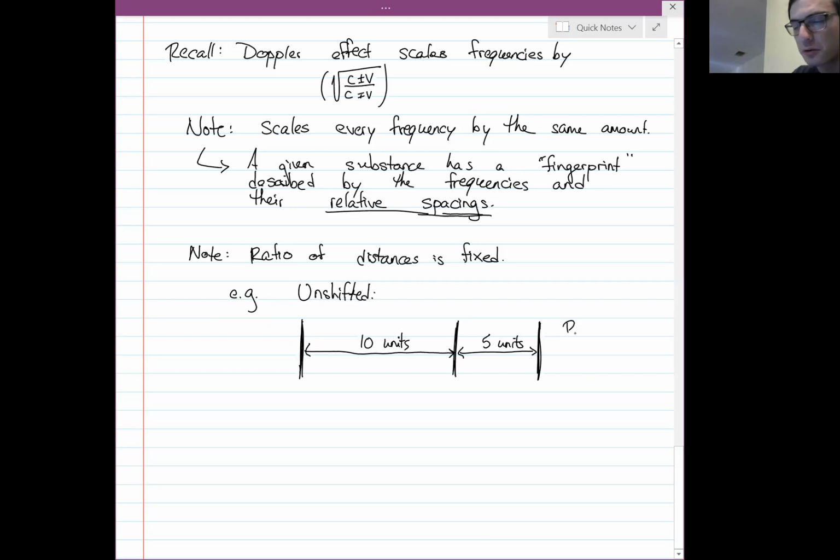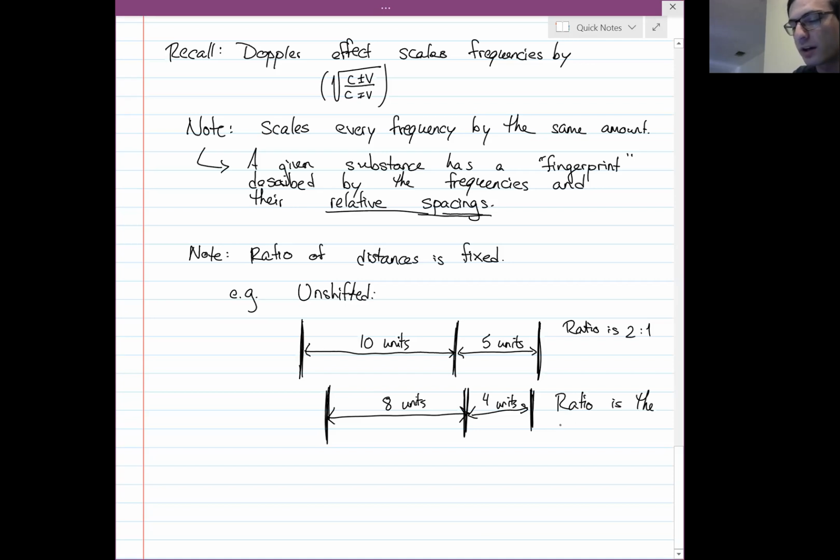So the ratio is 2 to 1. If those were shifted, you'd multiply all of these wavelengths by the same number. So you would get something like this. Maybe this distance is now 8 units, and this distance would be 4 units. And so the ratio is the same.